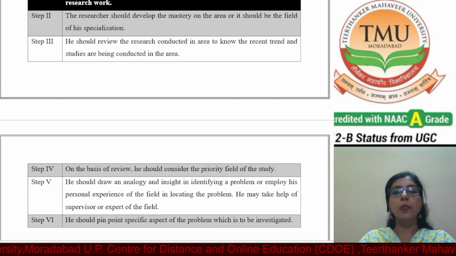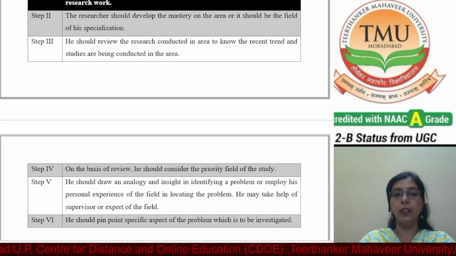The selected subject or problem for research should be familiar and feasible, so that the related research material or sources of research are within one's reach.